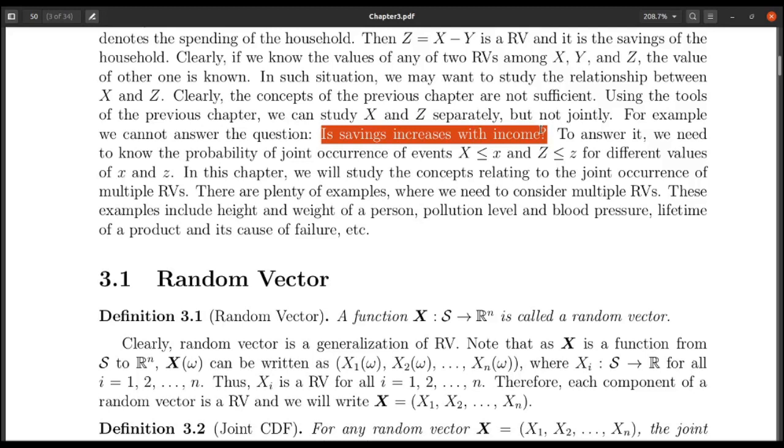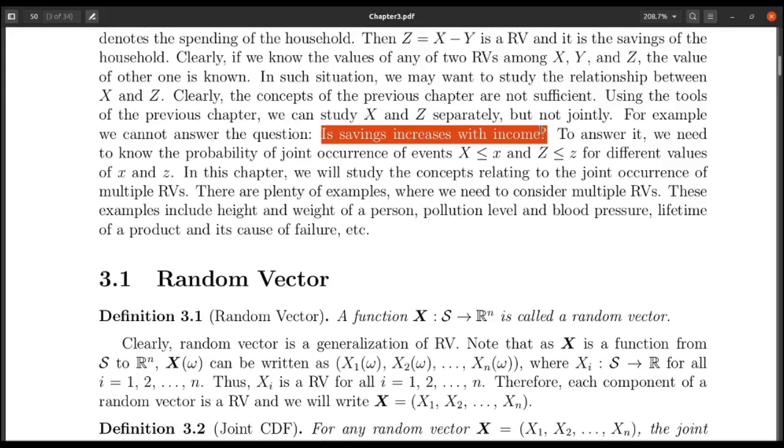Obviously, intuition says that if air pollution is higher, BP should increase, but we need to study it. Sometimes for some people in a higher air pollution area, maybe they have lower BP. On the other hand, some people in a higher air pollution area may have higher BP.